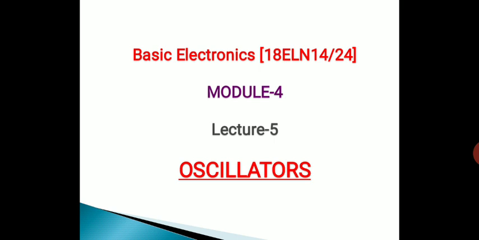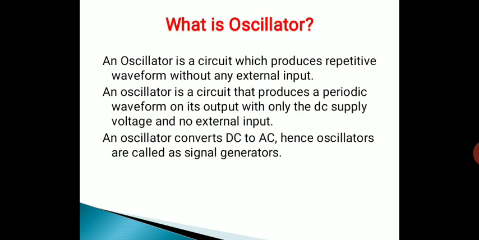So what is an oscillator? We can have various definitions for the oscillator. As the name itself indicates, the one which oscillates or generates oscillations or repeated waveform without any external input is called an oscillator.